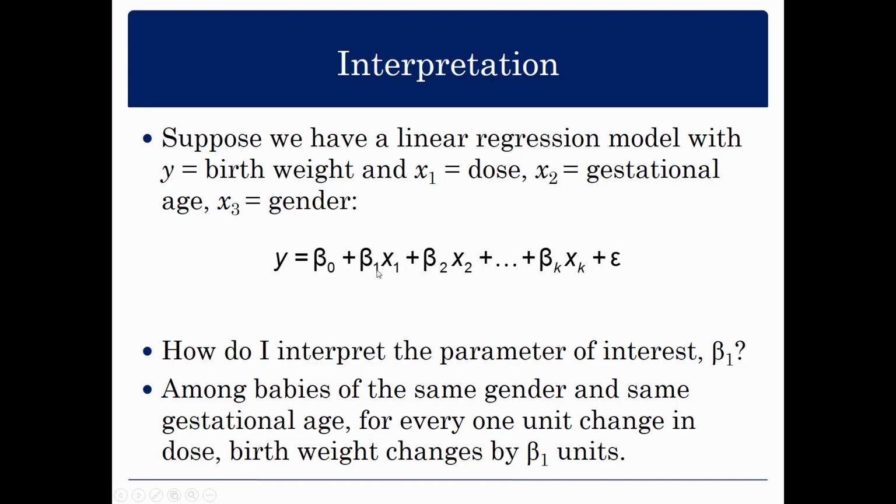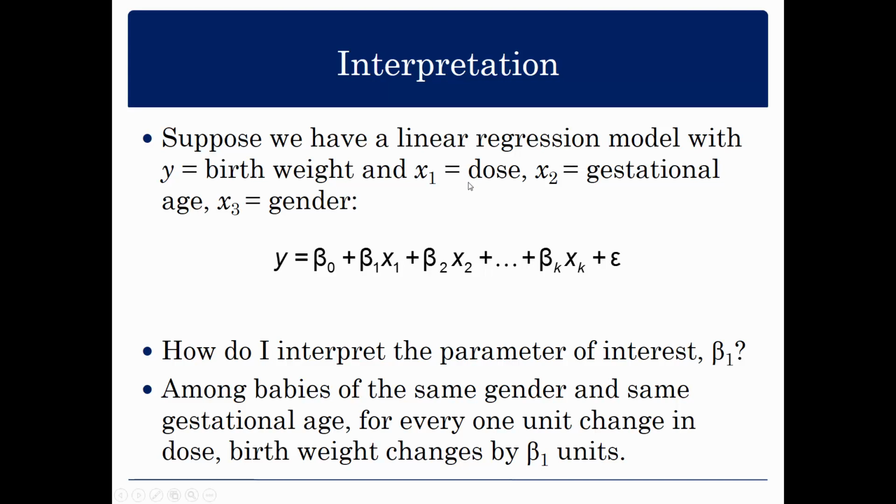What I have to say is that, for instance, beta 1 is describing the expected change in y when I change x1, holding all other features, x2 through xk here, constant. So here's an example in the form of a regression model where the outcome is birth weight of babies, and I'm looking at two different factors.